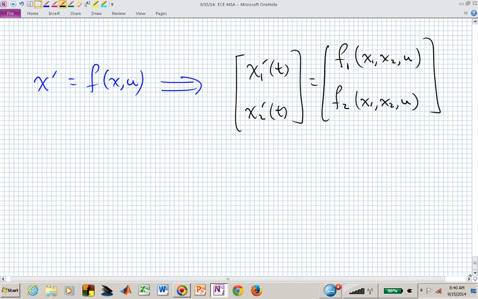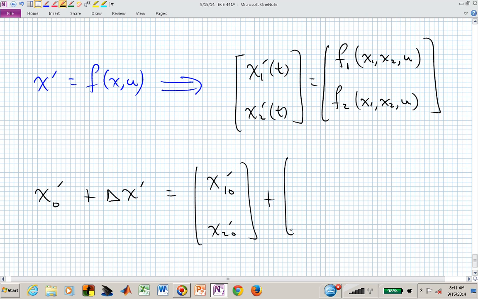What does this look like for the second order case? Now we have x sub 0 prime plus delta x prime in general, because x is x naught plus delta x. That's now x, and here's the notation. Let me say x sub 1 nominal, so it's x1 0 prime, x2 nominal prime, plus delta x1 prime, delta x2 prime.